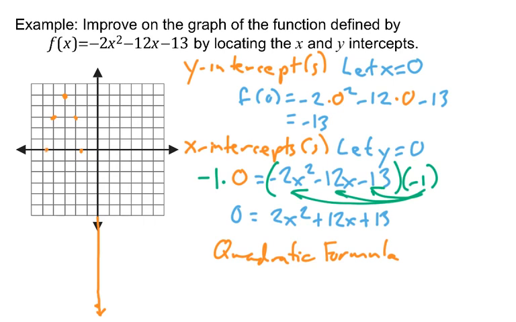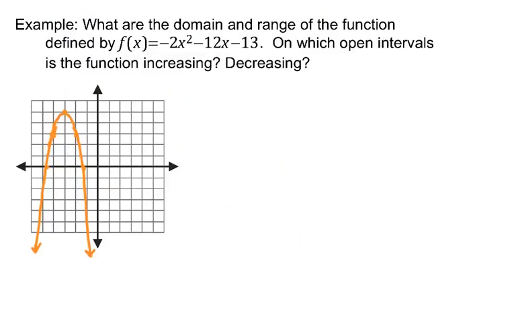And that gets me a little bit more structure to my graph, especially if I remember that this branch of the graph has to get all the way down here before it crosses the y-axis, and that gives you just a little bit more precision in the graph. Hope that all makes sense. All right.